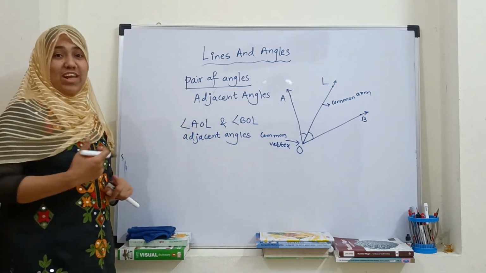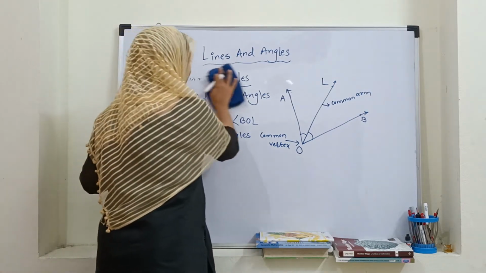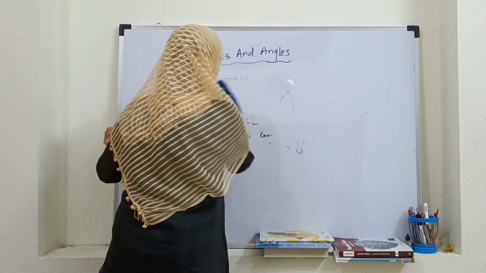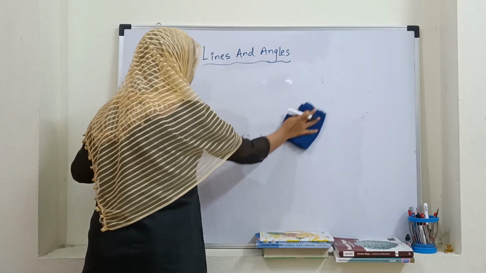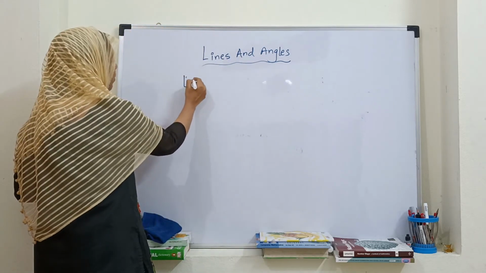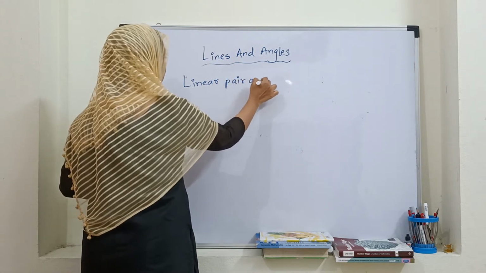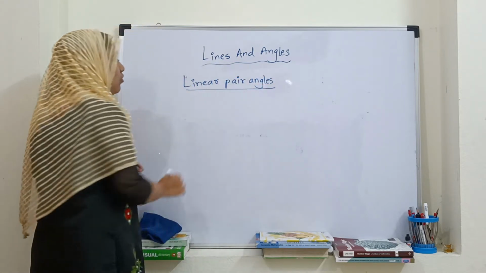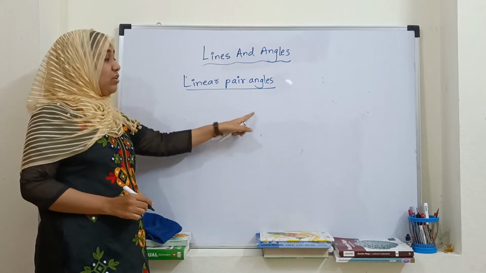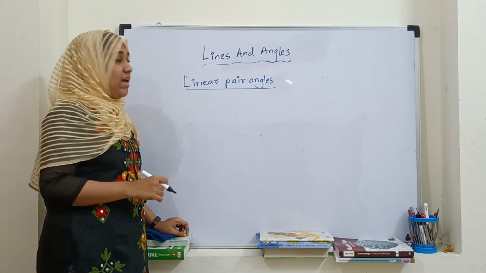Now, moving to the next. We have linear pair angles. So what are linear pair angles? Just now I have taught you adjacent angles.